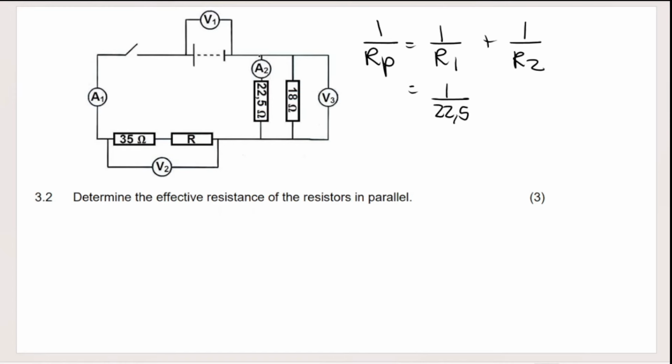It's this branch. Plus R2 is 18. It's this branch. If there were 2 resistors in a branch, we would add them first and then put that number there. But luckily, we only have 1 in each branch. So that's 1 over RP, and therefore RP is 10 ohms. That's it to work out effective resistance in parallel.